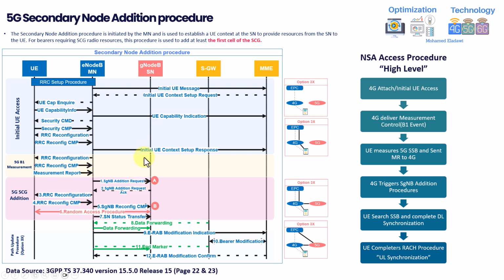So the gNB will evaluate this SgNB addition request. And here we already covered the second point, which is 4G delivered the RRC configuration, the user reported the measurement report, and now 4G triggers the SgNB addition procedure. So now what will happen? The gNB will evaluate this SgNB addition request, and if all conditions are achieved, it will forward the SgNB addition request acknowledgement, giving all the information about the SgNB, like, for example, what is the PCI, what is the SSB location, and this kind of information.